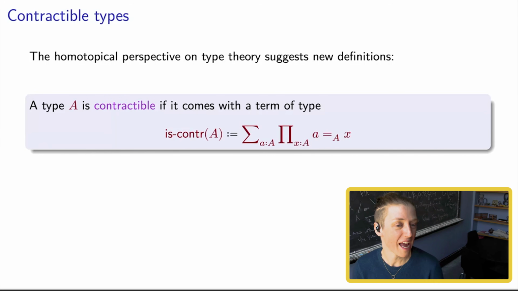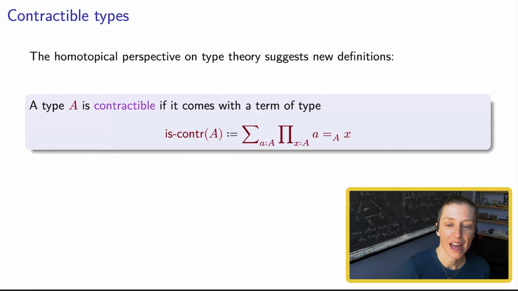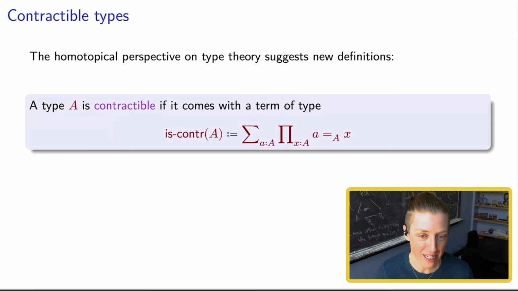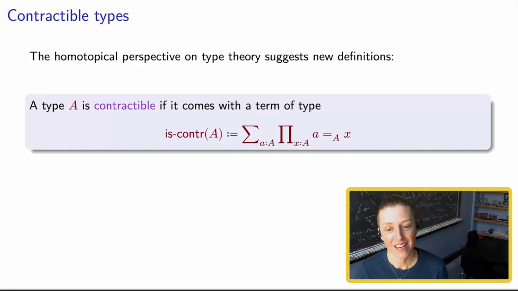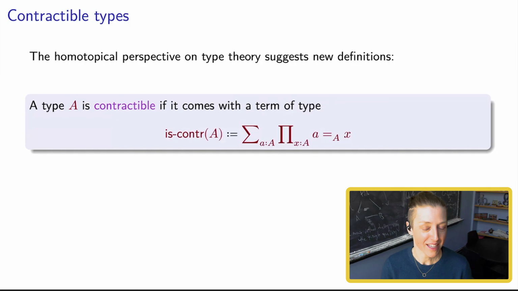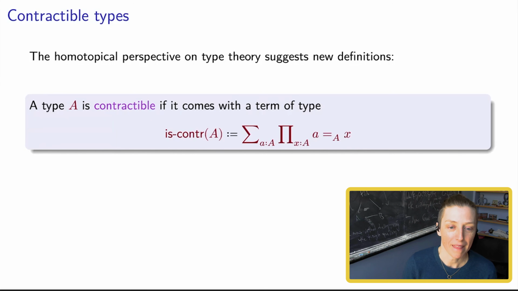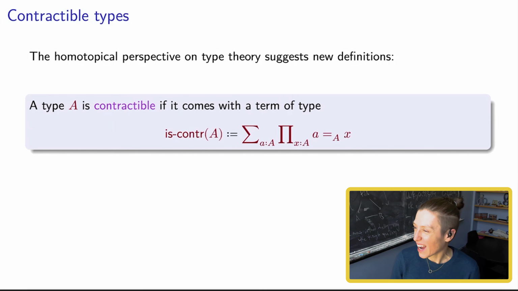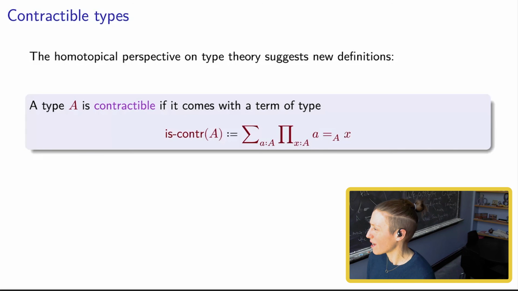So let A be any type, and I can form the following type using the dependent sum and dependent product and identity type operation. Under my homotopy type theoretic Rosetta Stone, I can give this type a name. This is the type that says there exists some a in A so that for all x in A, a is equal to x.